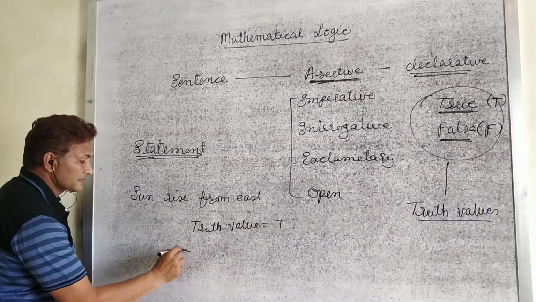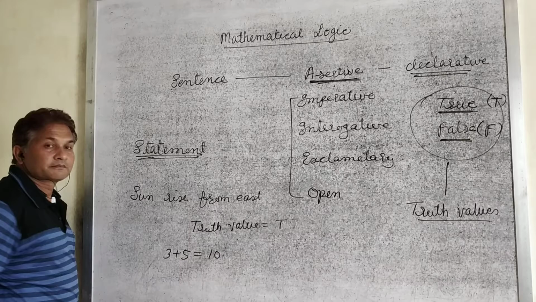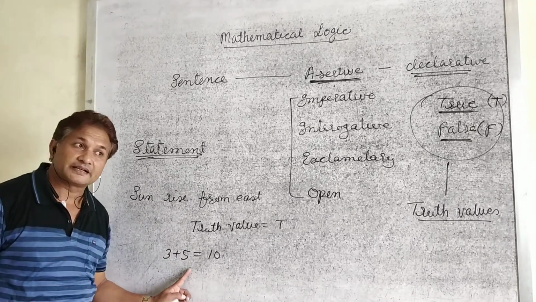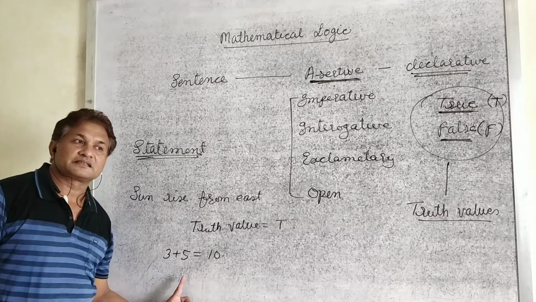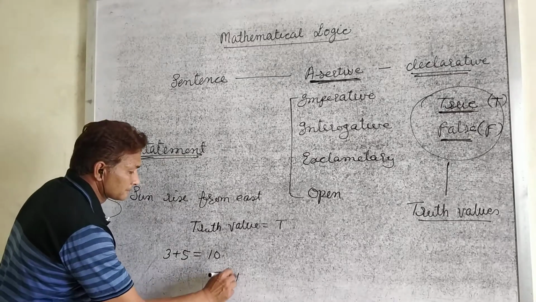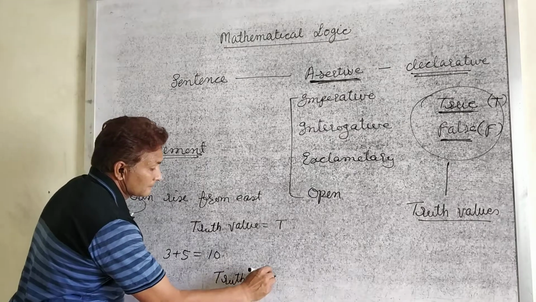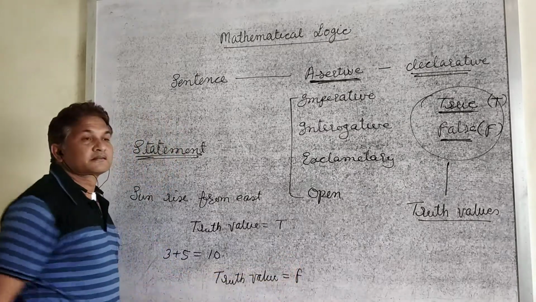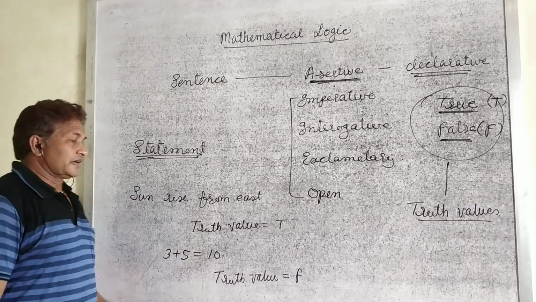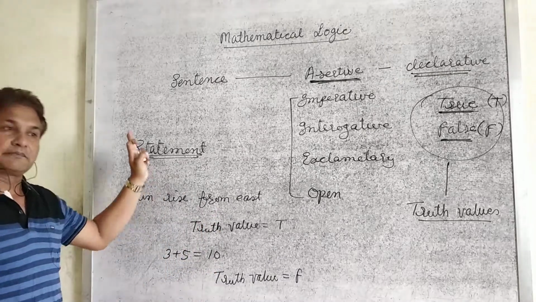Next, 3 plus 5 equal to 10. We know that 3 plus 5 equals 8, but here it is equal to 10, which means this sentence is wrong. Hence the truth value is equal to false. So in both cases we get only one value. So hence these are statements.